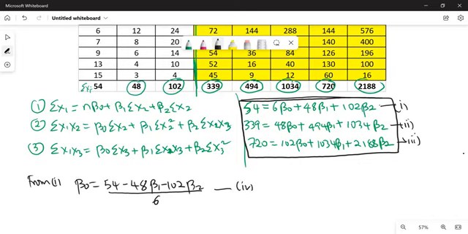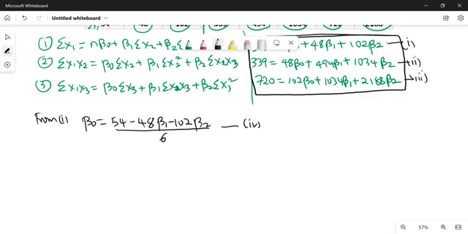Then you can substitute equation number 4 into equation 2 and 3. So where there is beta naught in equation 2, you put that value. The same case with equation 3.